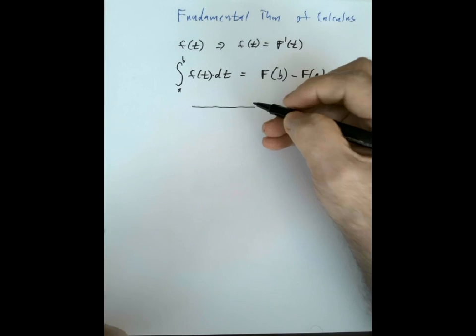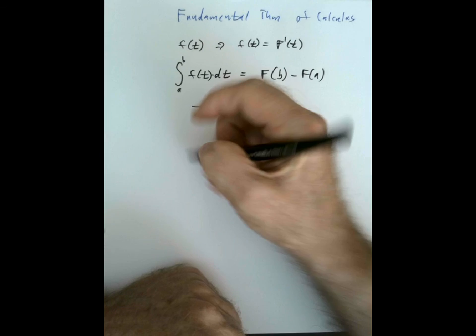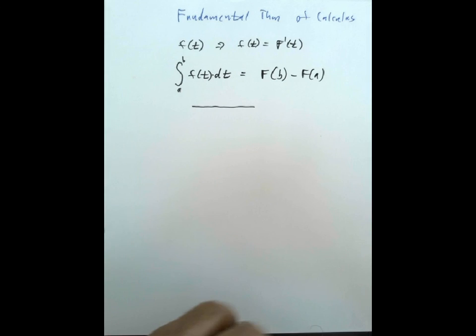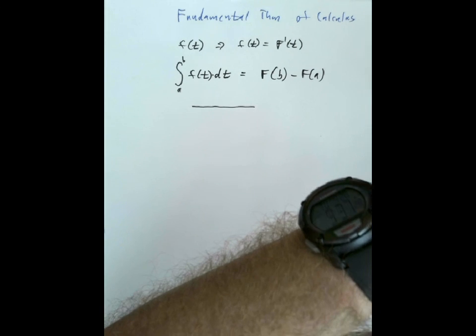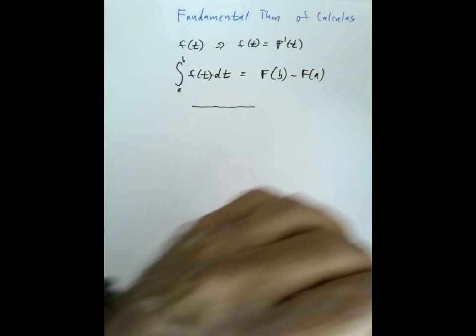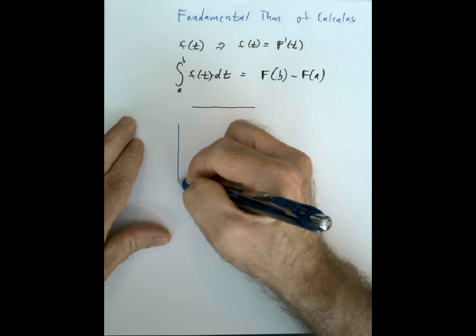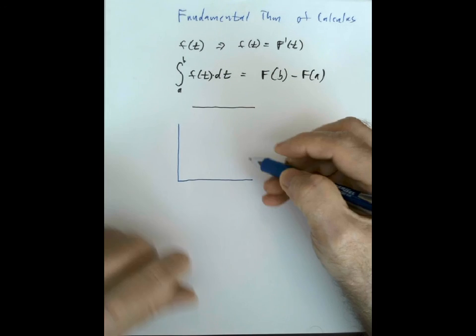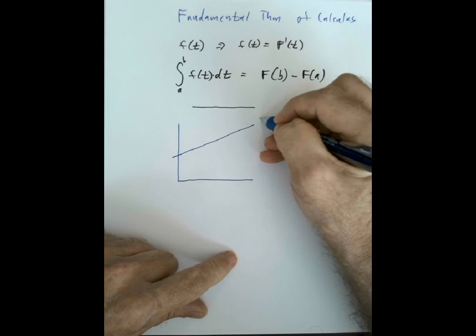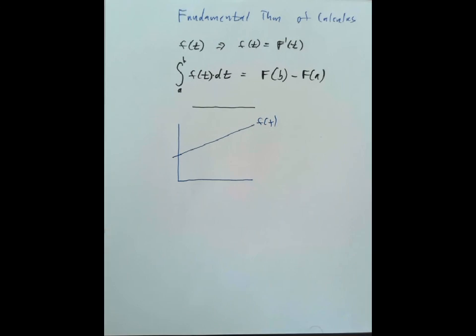So going back to the trapezoid that we just had, here is our f of x, and I'm not even going to make up a specific equation for that because it really doesn't matter.